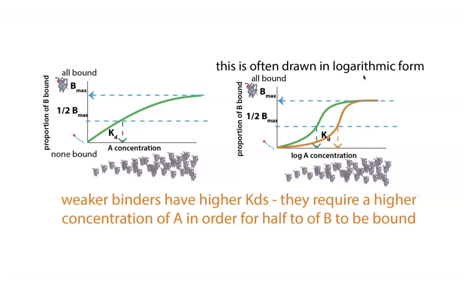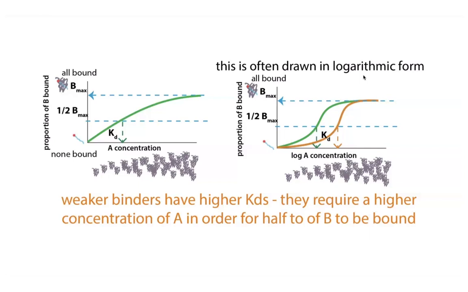And so you can remember that things are just kind of floating around randomly, bumping into one another. Now, imagine that they bump into one another and they like each other. Well, then they're going to stick. And so even if the chance encounters are fewer, you're still going to find a lot of it bound because they're sticking tight. But if the binding is weak, you're going to need more of those chance encounters.